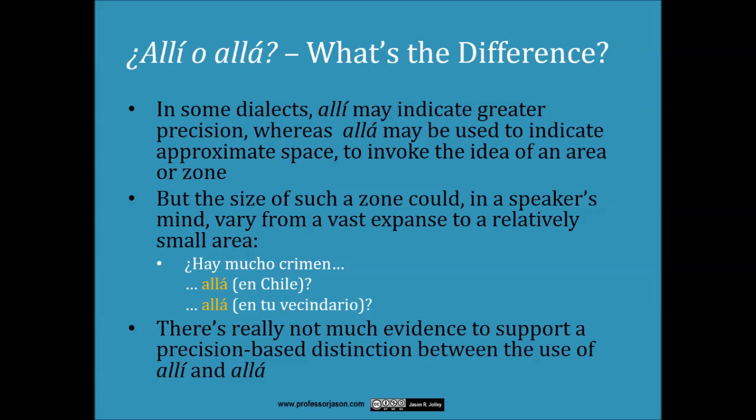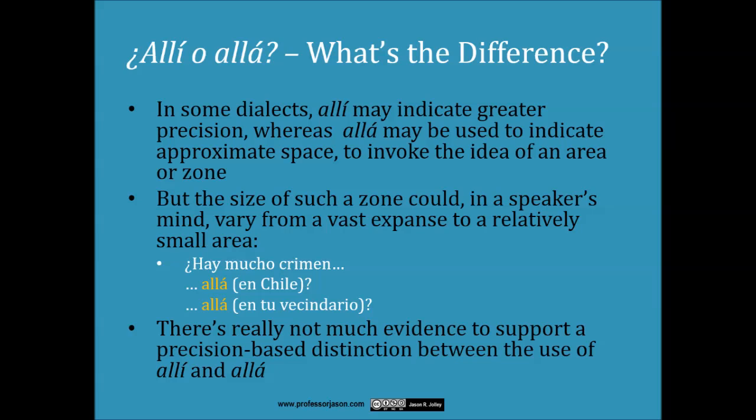So let's say I'm getting ready to visit my friend who lives in Chile, and I'm worried about crime, right? I'm on the phone with him from the United States, and I might say, ¿hay mucho crimen allá? So allá could mean in Chile, or when I say, ¿hay mucho crimen allá?, I could be referring to his neighborhood, right? So again, that idea of a zone is kind of fluid.